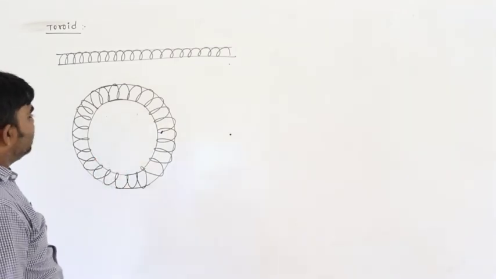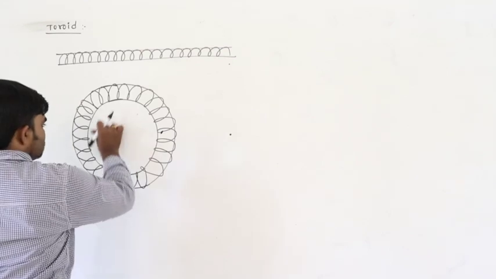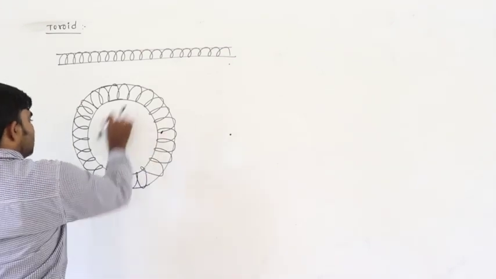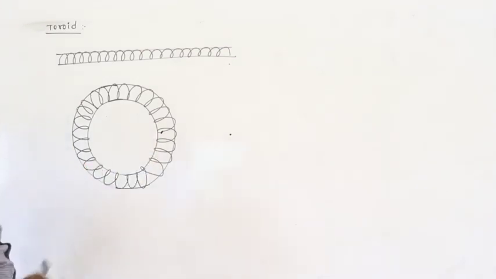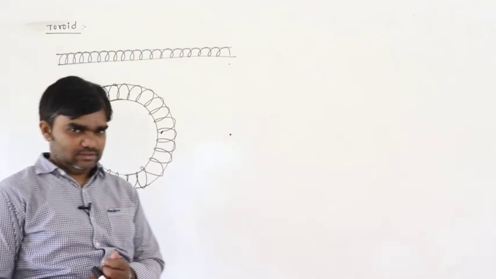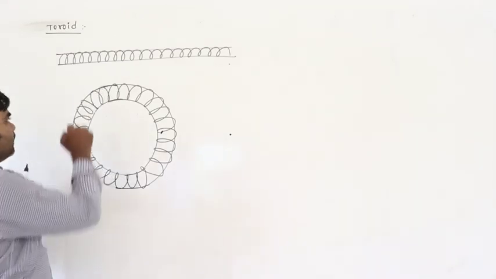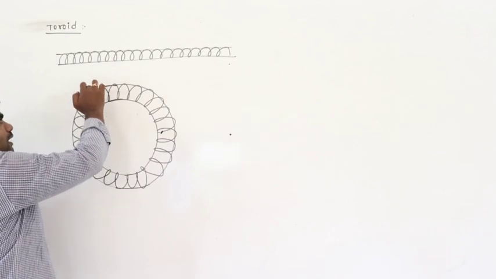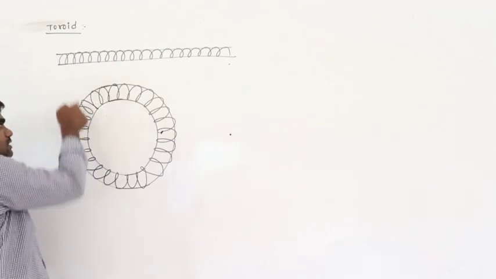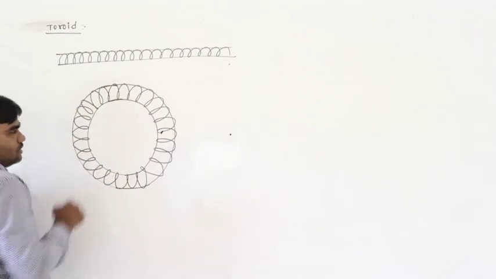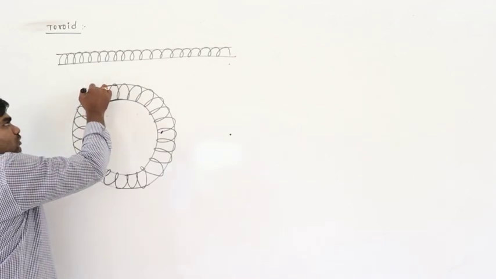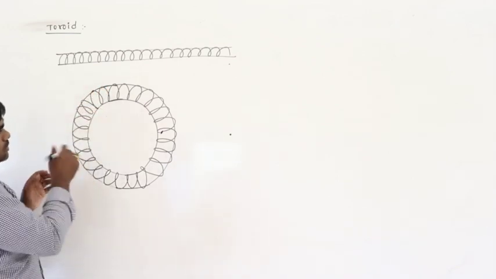Now what is the magnetic field associated with this toroid? What is the direction of the magnetic field in this? How can we calculate that? Here, let us say these are the circular turns. Here the current is inwards and here the current is outwards.